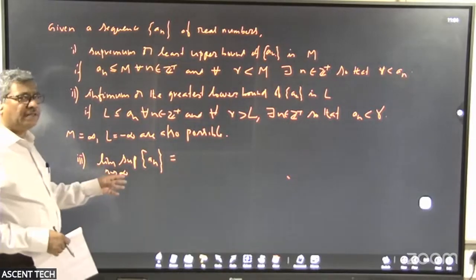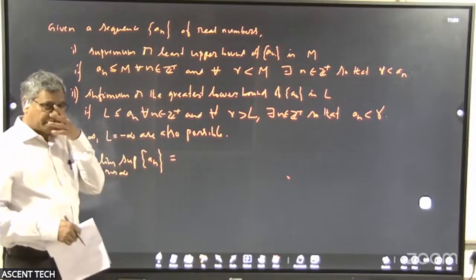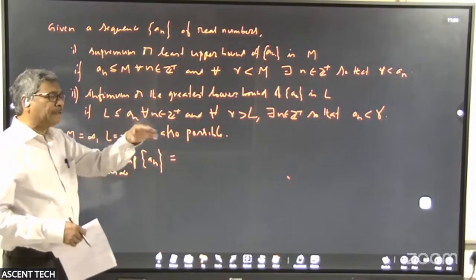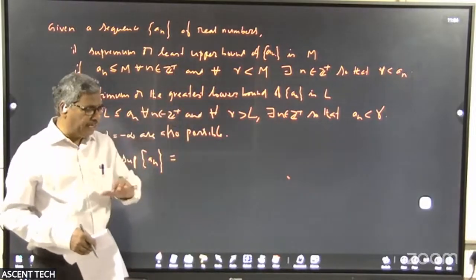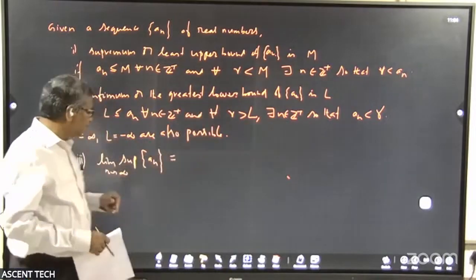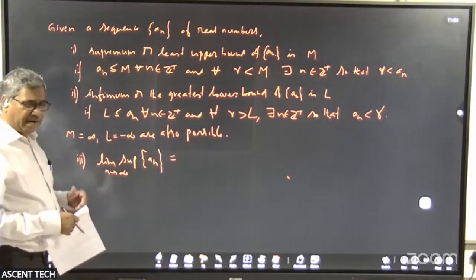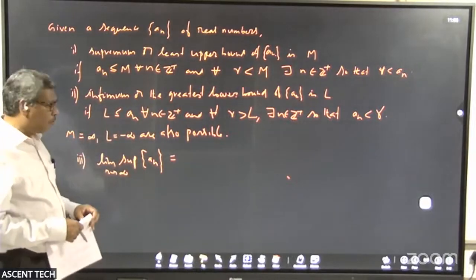I'm not looking at the supremum of all the A_n's because initially there may be some big numbers, but afterwards the numbers may mellow down. So the initial few numbers should not really disturb the concept. I want to discount the first few numbers which may be very big. After that, they go down.